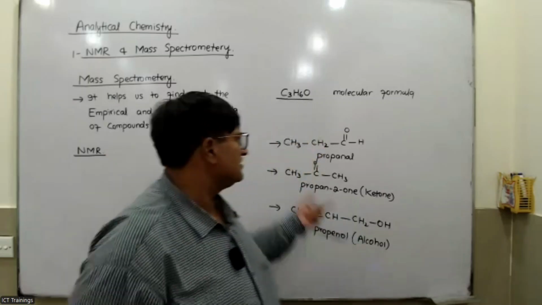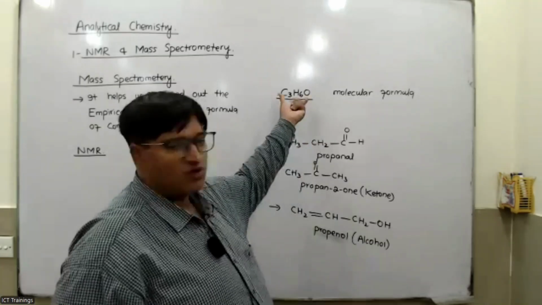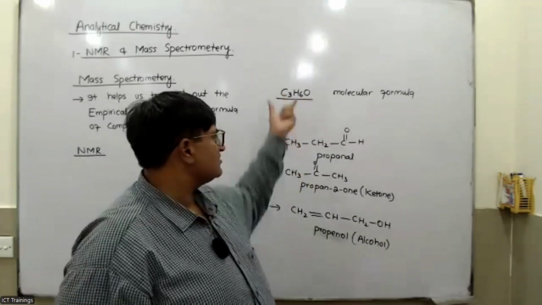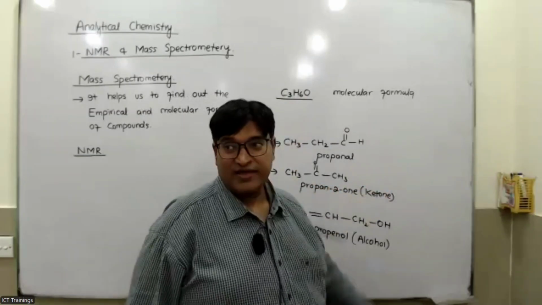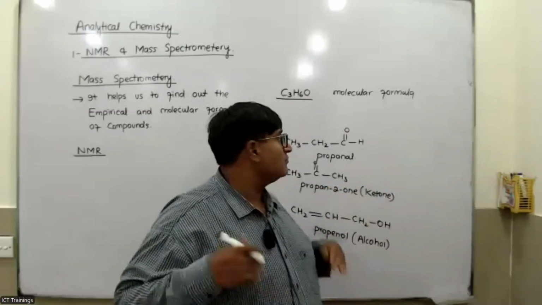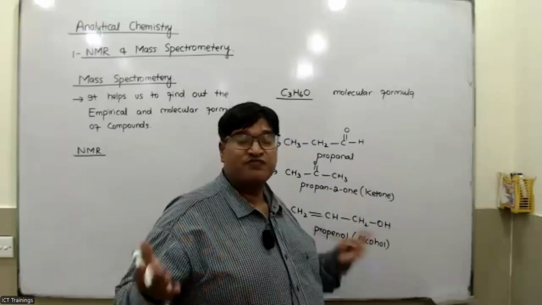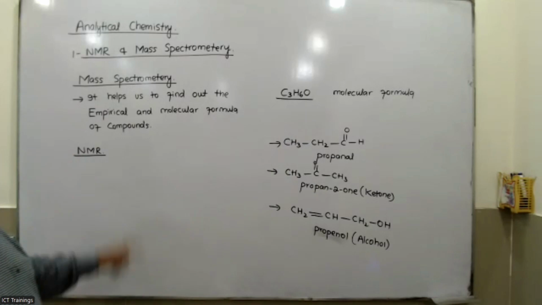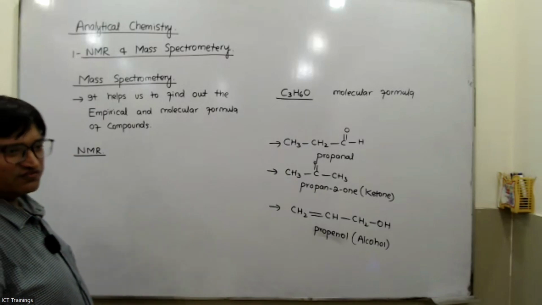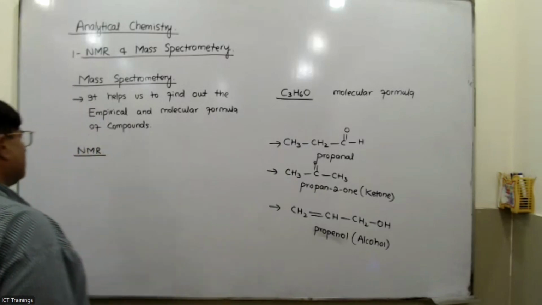That is, whether this is the structure of this molecule, or this one, or this one. So this NMR technique is used to find out the structure of the organic molecule.